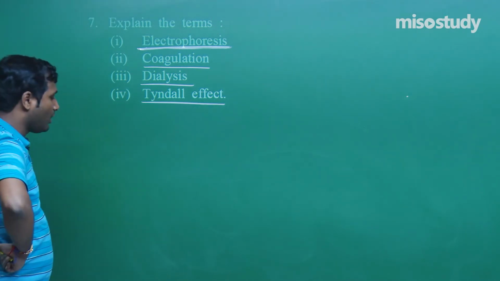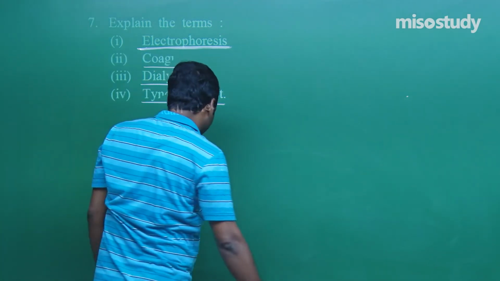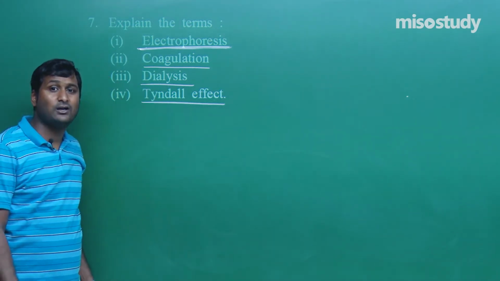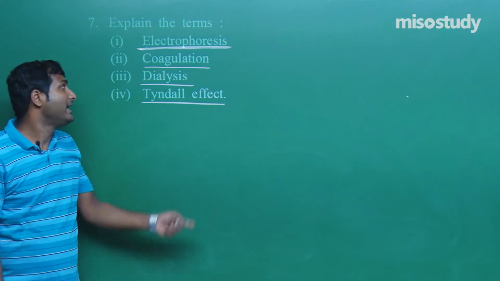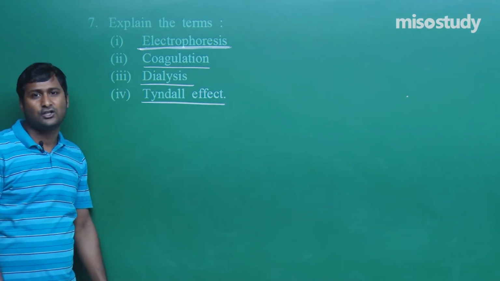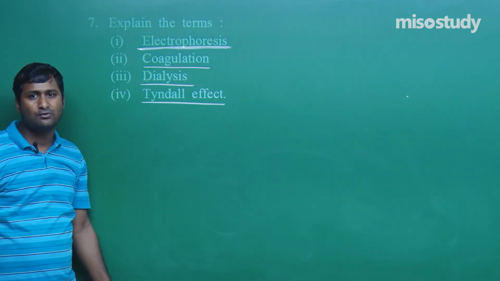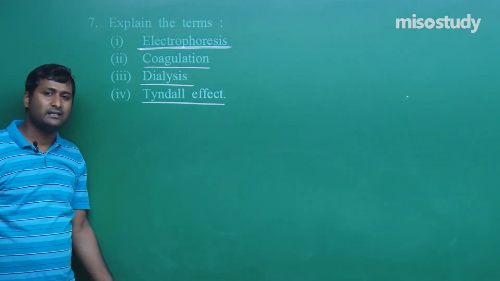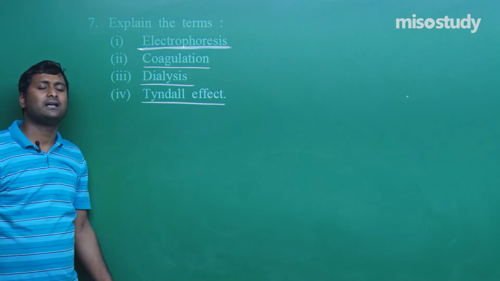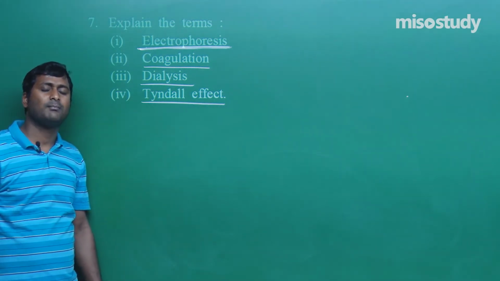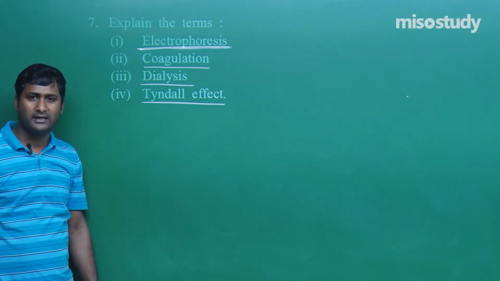The conversion of colloidal sol into precipitate by using a suitable electrolyte is known as coagulation. Clear to you? If you want to coagulate the positive sol, you require a negative electrolyte, that is, an electrolyte containing negative ion. Electrolyte generally contains positive and negative ion, but the power of the negative ion will be more dominant here.